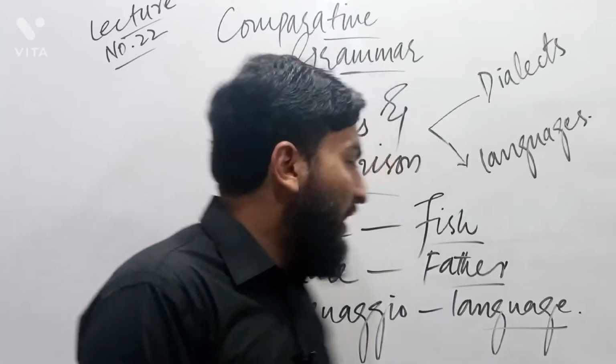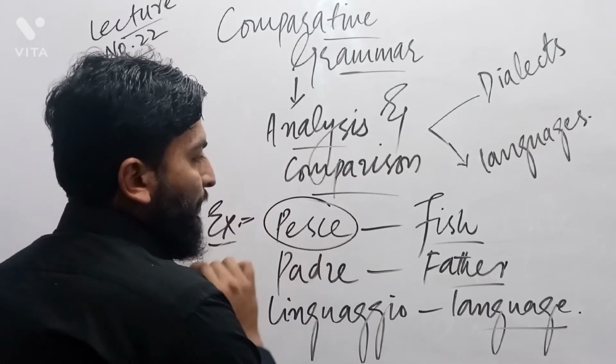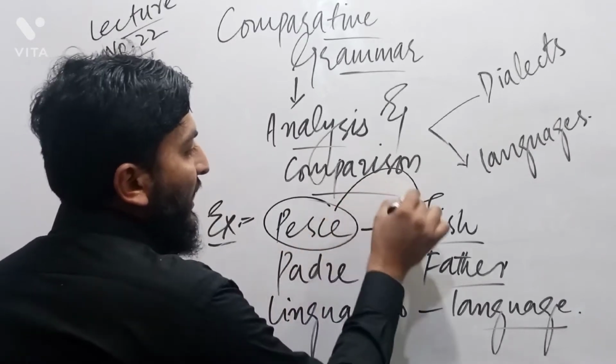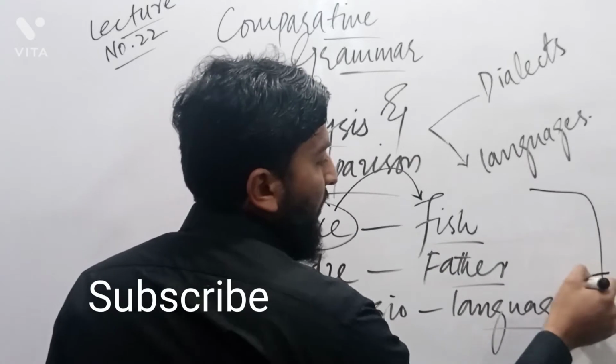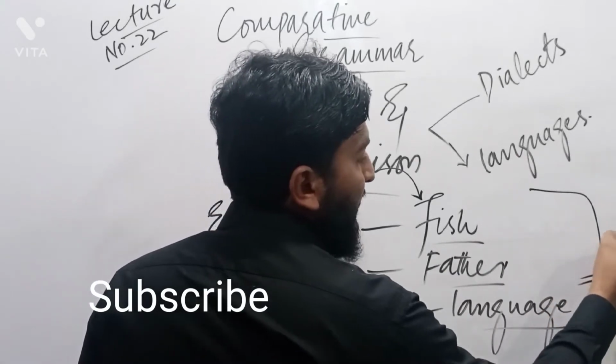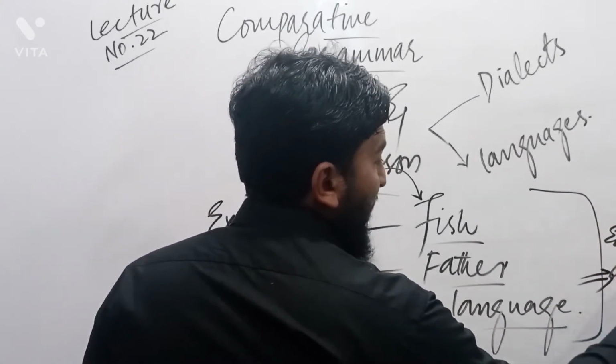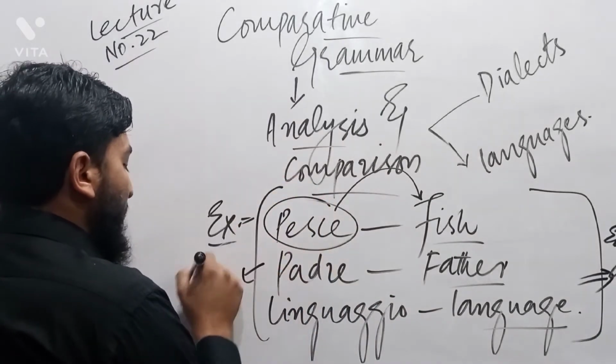For example, this is the Italian version. This version means fish. This variety is in English and this variety is in Italian.